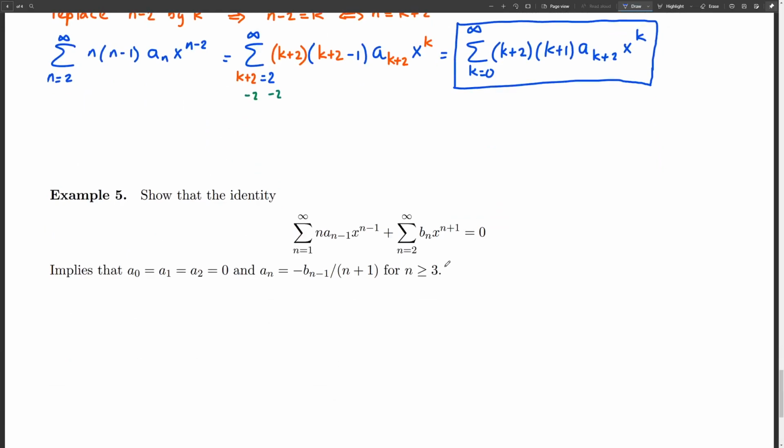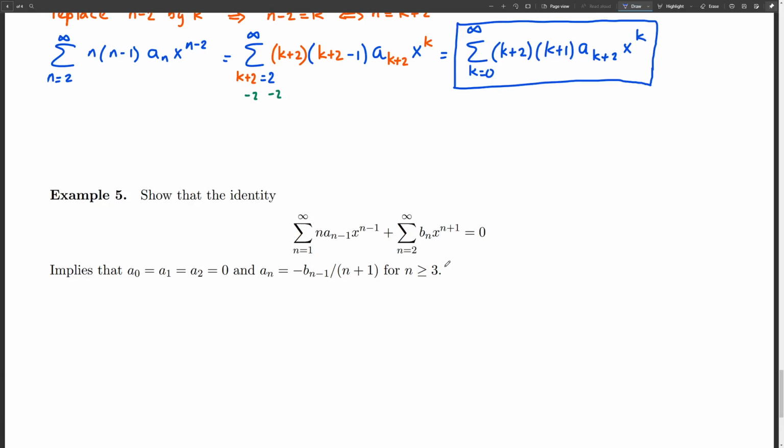Okay, finally, we'll show how an identity for a power series leads to a relationship between the coefficients of the power series involved. So the identity that is given is the summation from n equals 1 to infinity of n times a sub n minus 1 times x to the power n minus 1, plus the summation from n equals 2 to infinity of b sub n times x to the power n plus 1 equals 0.